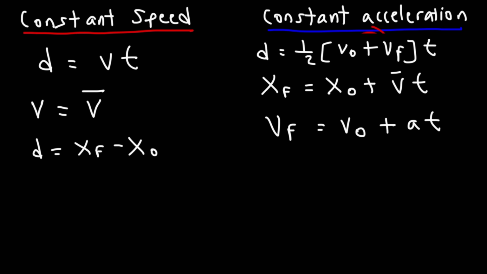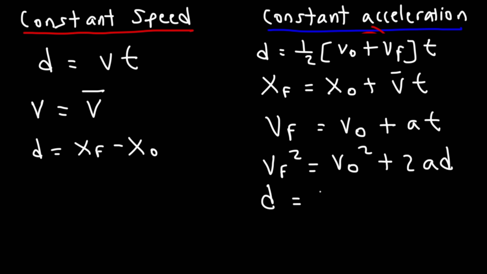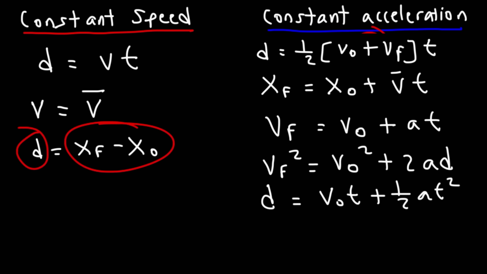Now there's some other equations that we can add to the list. Another one is V final squared is equal to V initial squared plus 2 times AD. And then there's this one. Displacement is equal to V initial t plus 1/2 AT squared. And anytime you see the letter D, you can replace that with x final minus x initial.